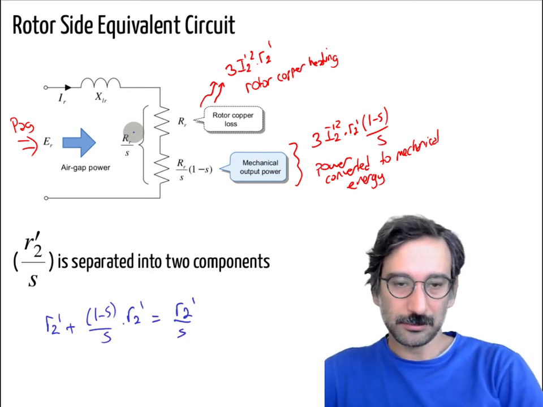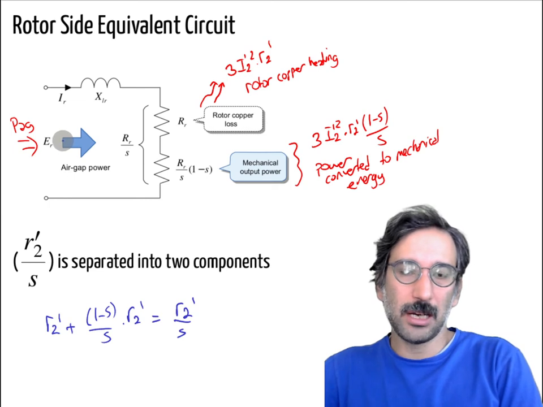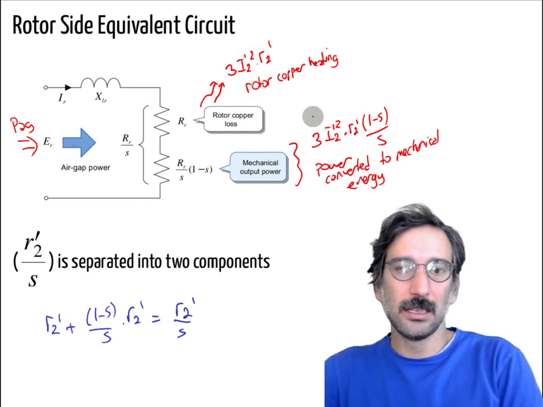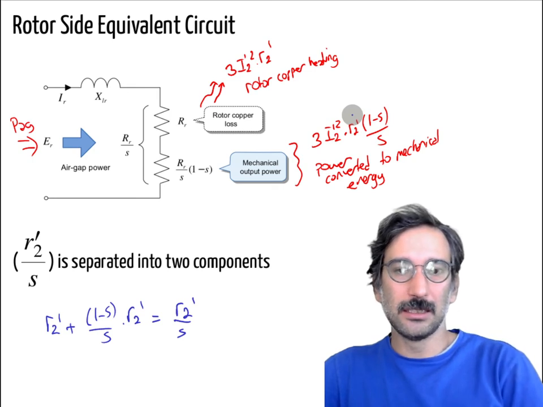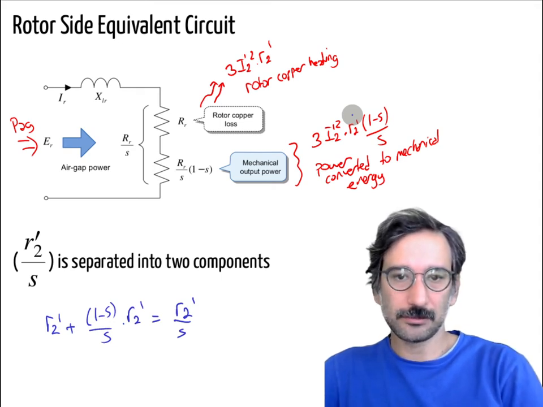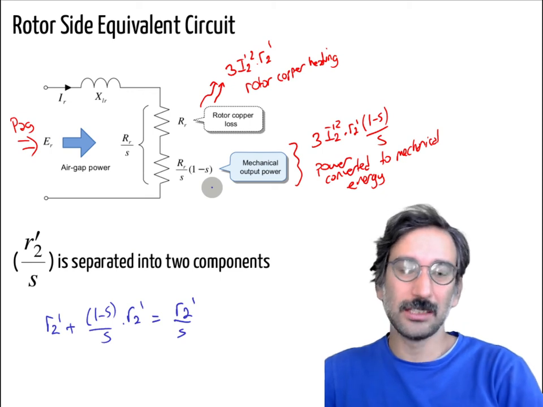It will be much easier. So again, we have air gap power, then some part of it is converted to heat, but some part is converted to mechanical energy. Let's have a look at those components and double check it.